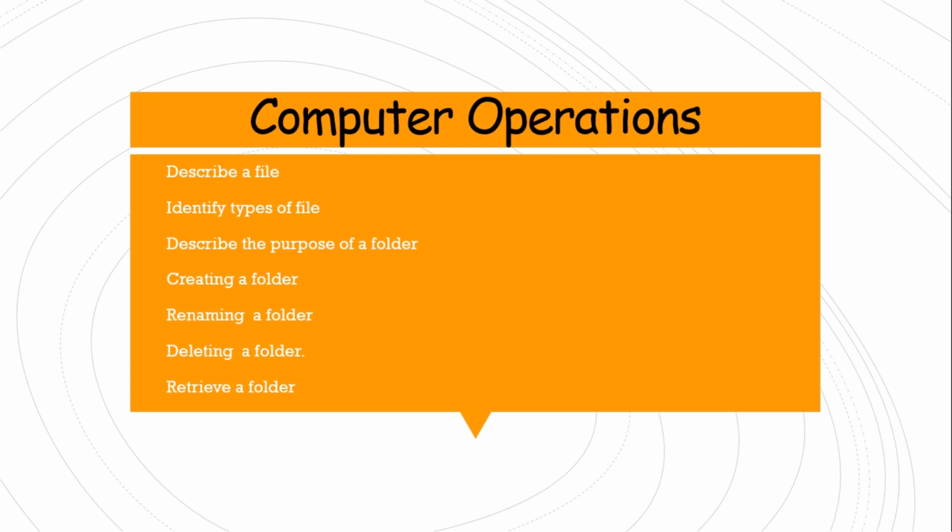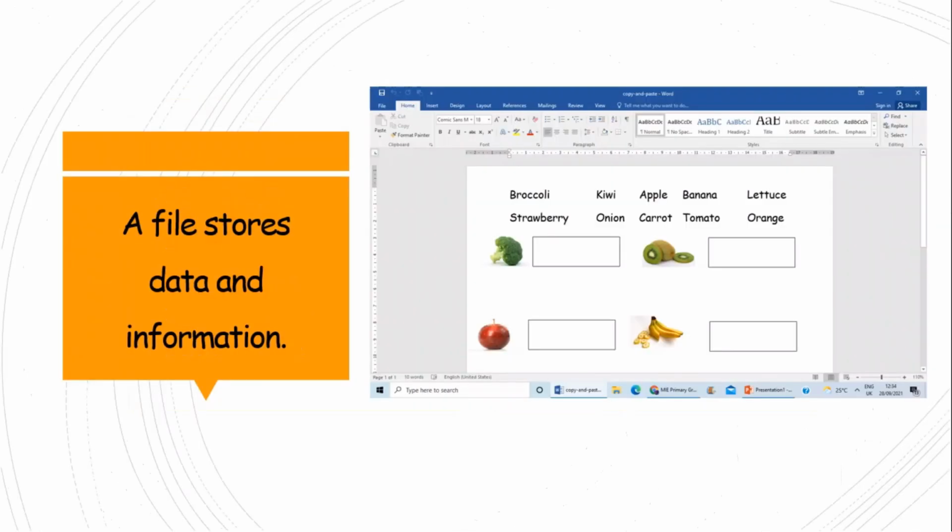First, we will see what actually is a file, the types of files that exist, why do we use a folder, how to create a folder, how to rename a folder, how to delete a folder, and if needed, how to retrieve it back. So let's start.